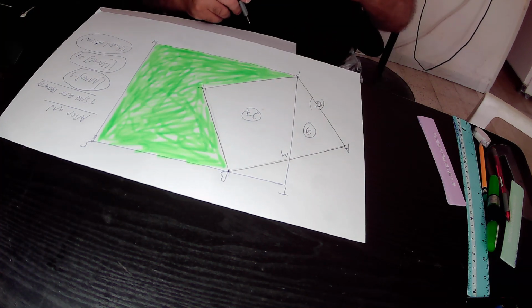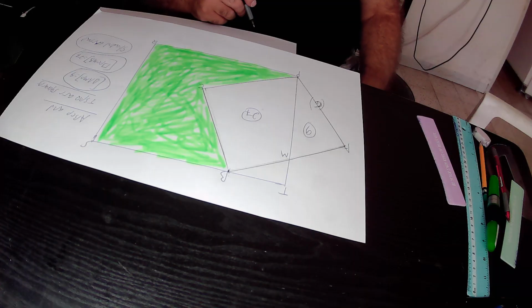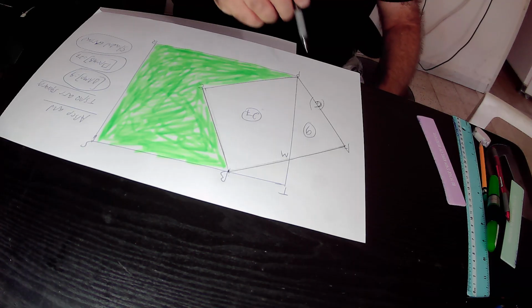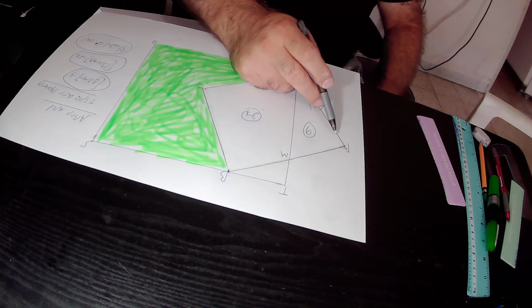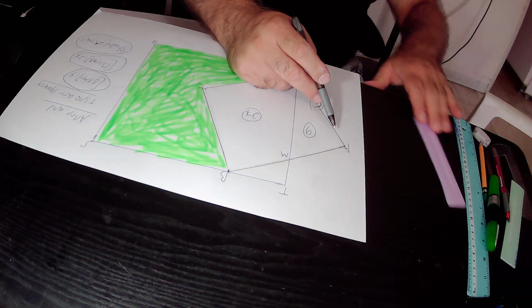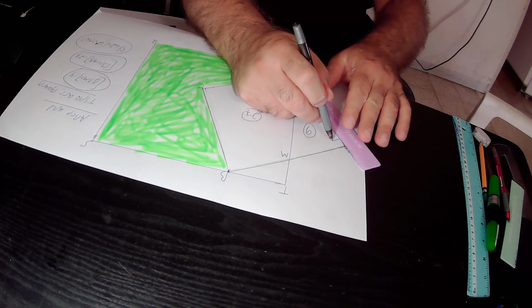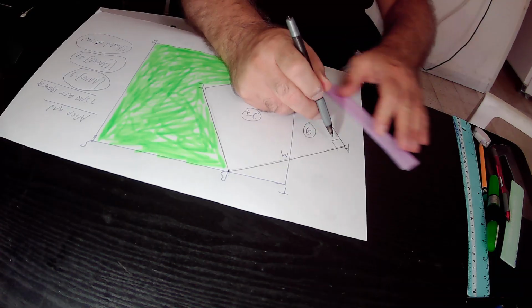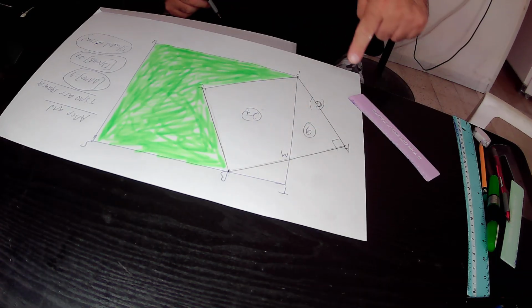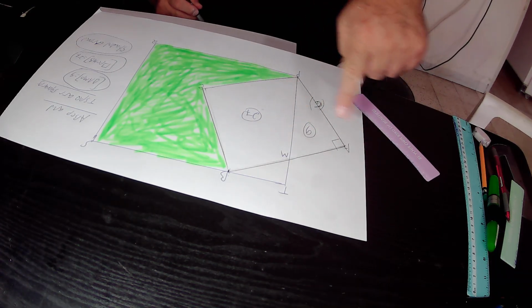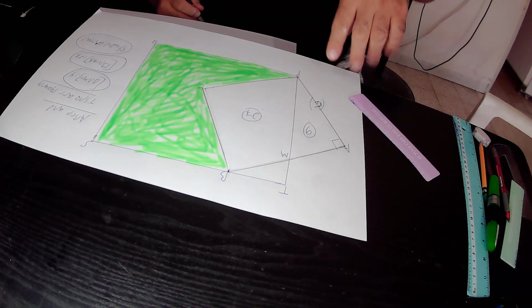We know that all the angles inside any square are right angles, and therefore in square ABCP this is a right angle, and therefore triangle MAP is a right triangle.